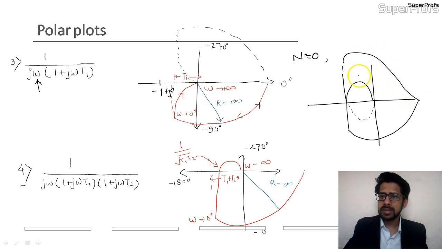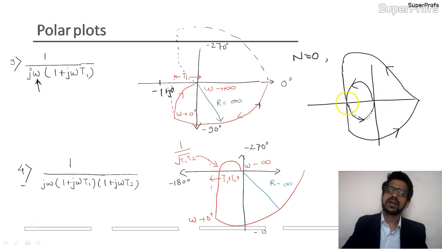So this is the mirror image of this particular Nyquist plot. This goes in this direction initially, so direction will be opposite. This is how it is going. So it will go like this and go like this.